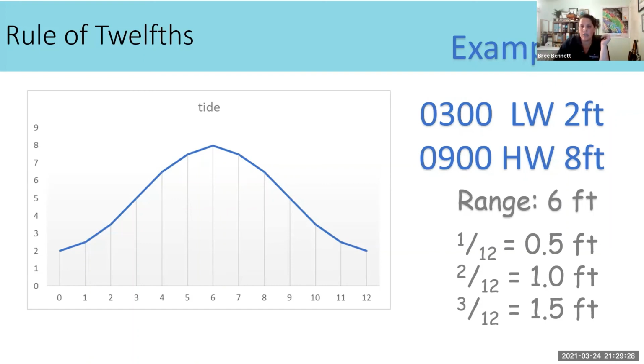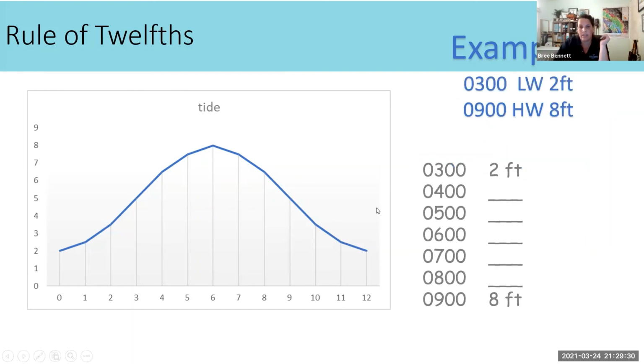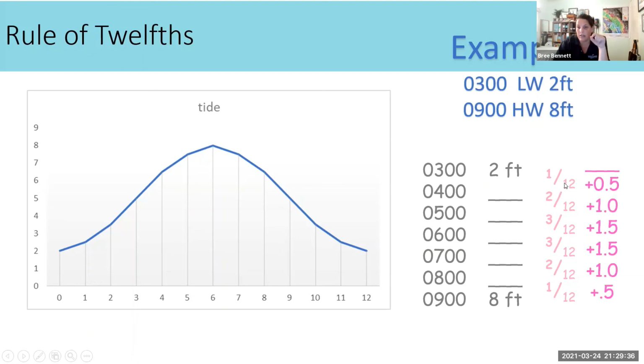So the first hour, from 3 to 4, it's going to change 1/12, which is that 0.5. So at 4 o'clock, we can quickly say it'll be 2.5, but it takes a whole hour to change 0.5 feet.